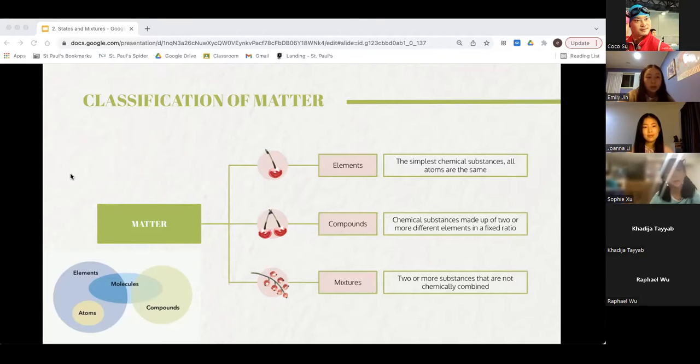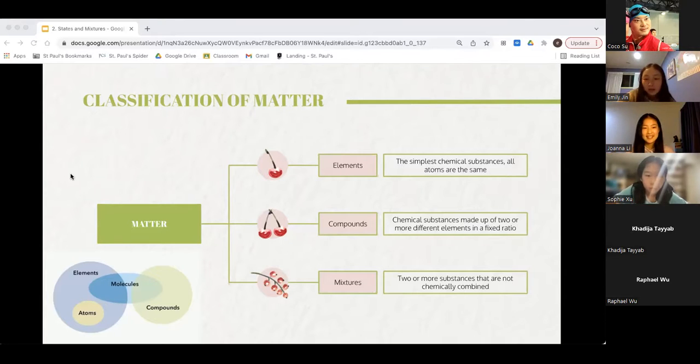So elements basically can be atoms, ions, or molecules, but all of the particles inside elements have the same number of protons, so the same atomic number, which makes them the same element as on the periodic table. Cool. Compounds, moving on.